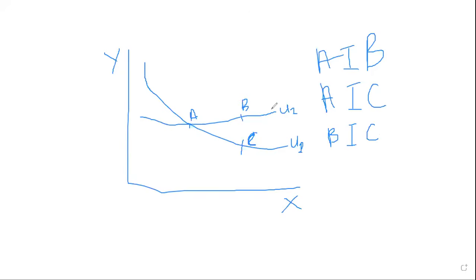However, that is not the case, because the utility from B is higher than the utility from C, because B is on a higher indifference curve than C. And therefore, the assumption is violated.